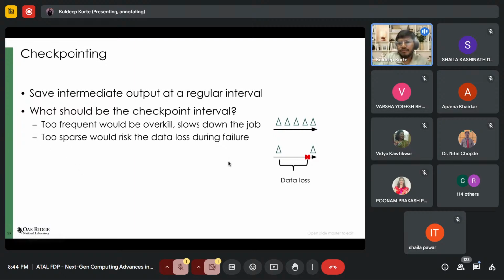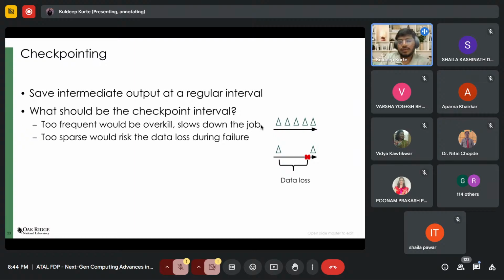The second point is, if you take the checkpoint sparsely, then there is a high risk of data loss due to failure. For example, you took the checkpoint here, you process the data for a few hours, but just before the next checkpoint, the job was terminated because of some failure. So this much job was lost. This much data that was produced was lost. Time was lost, and so on.